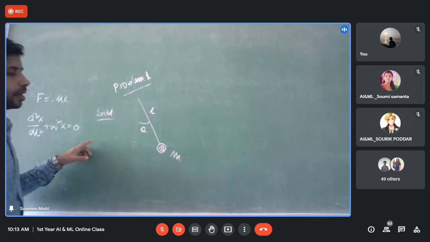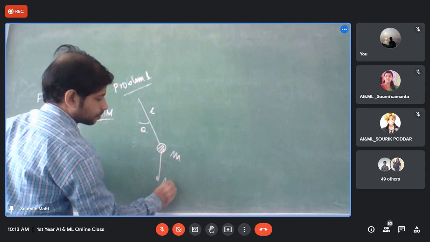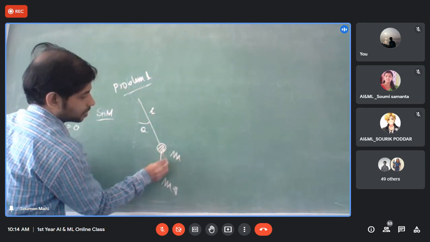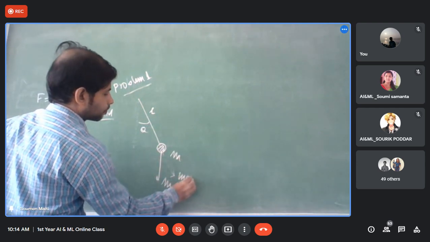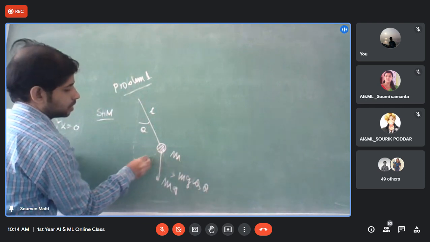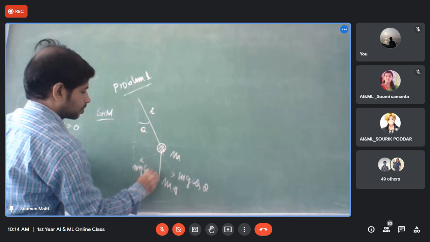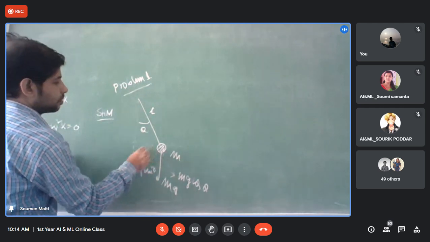So right now, whatever was said, if I take the components, this is mg, this is mg cos theta, and this is the component mg sin theta. This amount is x.